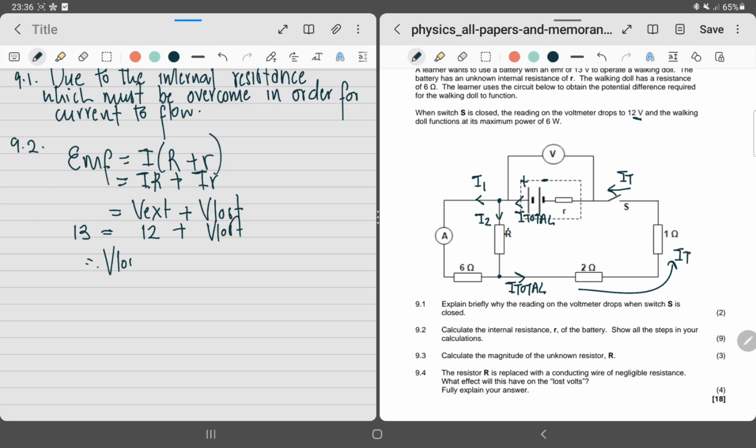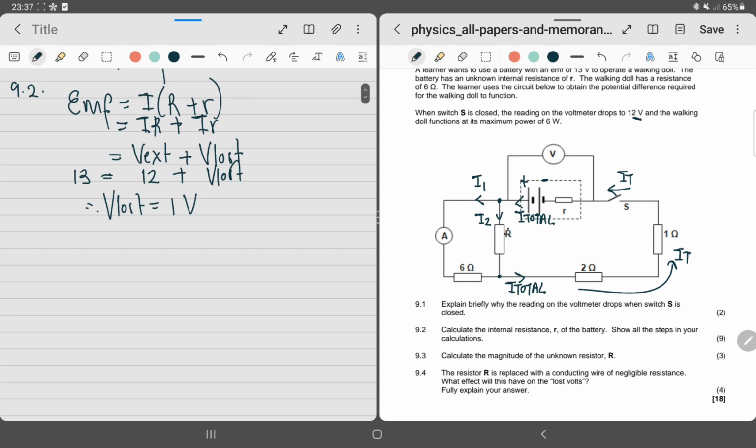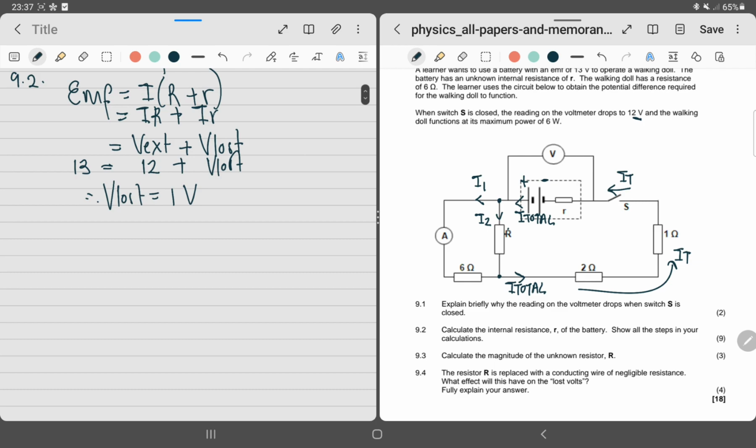So it means that V lost should be equal to 1 volt. But we know that V lost is I multiplied by r. So we need to find the total current in order for us to be able to find the internal resistance, because we already have the V lost.